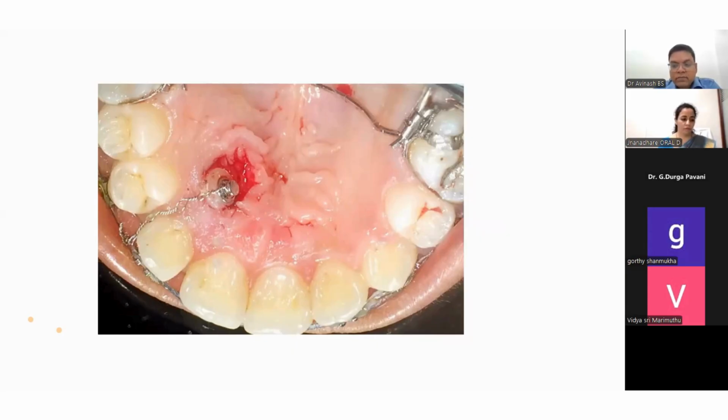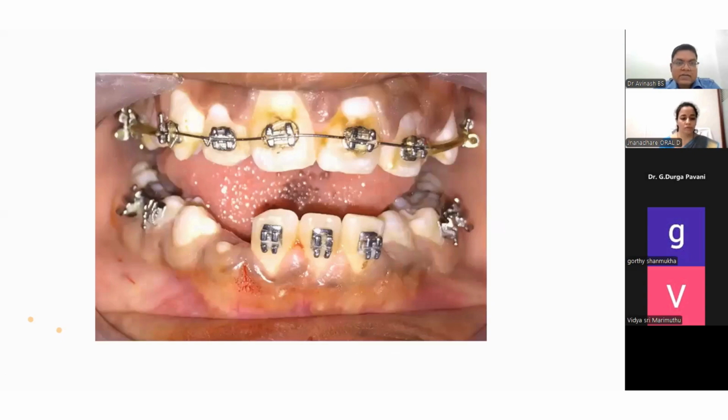So why does periodontal consideration become important here? Let's take this example. This one tooth which is impacted here is slightly erupting, but it is not coming to the position. Now, orthodontically, it has to be brought to the position. So how is it conventionally done?